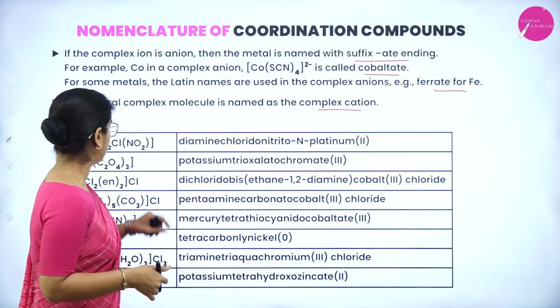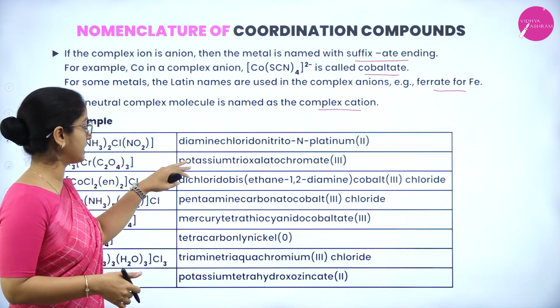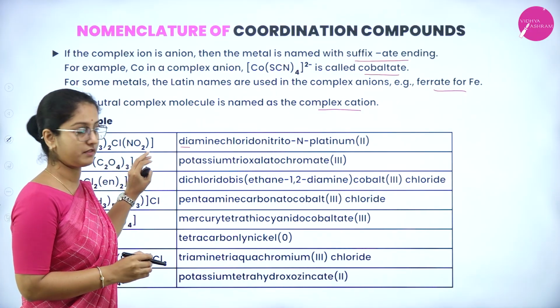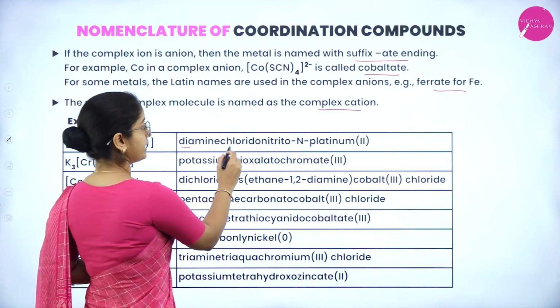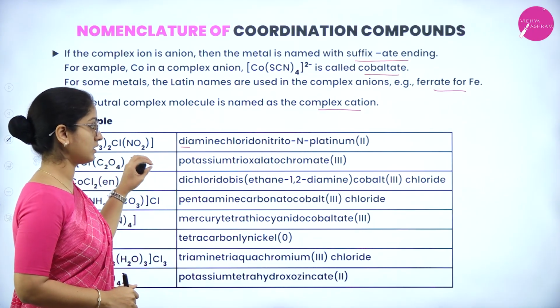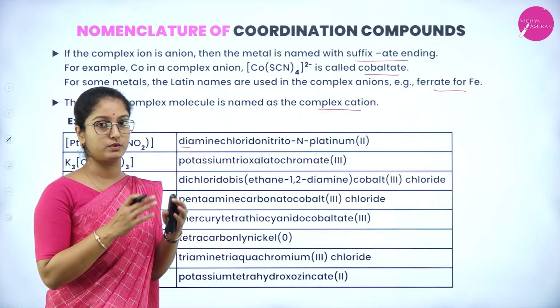So let us see. [Pt(NH3)2Cl(NO2)] and the name can be given as diammine, that is 2 ammine, then chlorido, nitrito-N, platinum(II). So the oxidation number of platinum is 2, enclosed within the bracket.